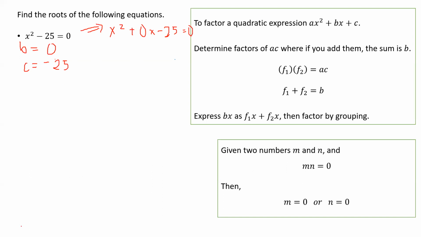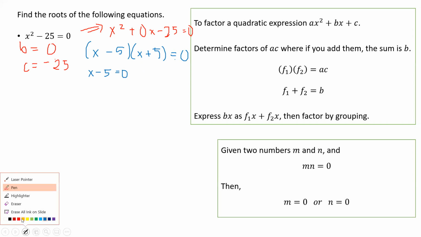You can list them again, but we'll just continue, and that is x minus 5 times x plus 5 equals 0. And now, just like earlier, since these two expressions are multiplied together, that means x minus 5 is equal to 0, or x plus 5 is equal to 0.